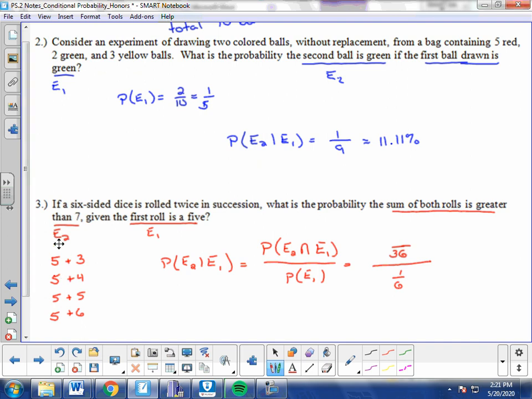So I have 6 different numbers I could roll on the first and 6 different numbers I could roll on the second, for a total of 36 options. But the probability that I would get a sum greater than 7 after already rolling a 5, I have 4 options in that combination of events. So that would be 4 over 36. Then we could reduce this fraction.